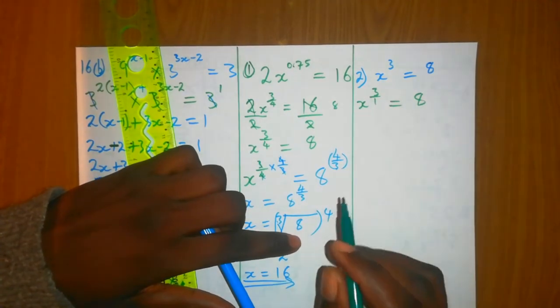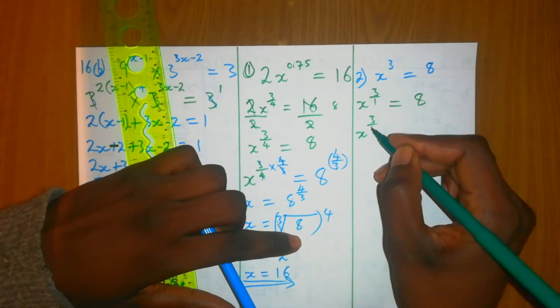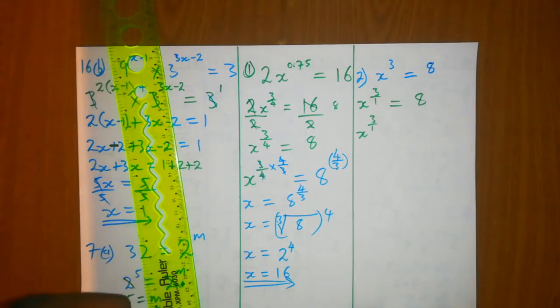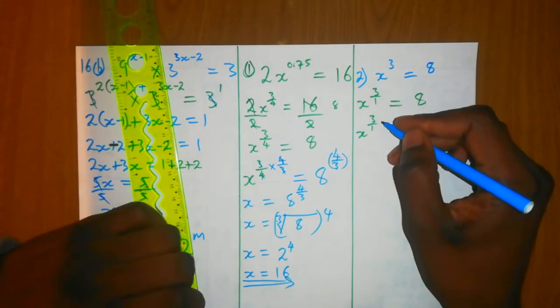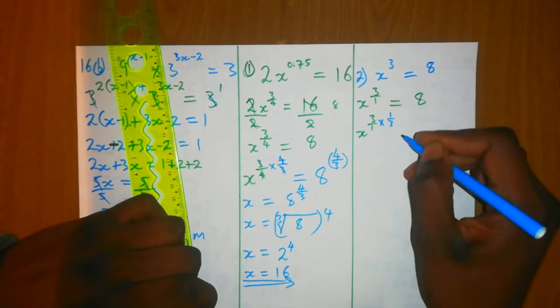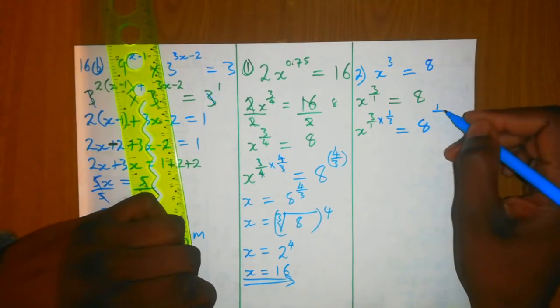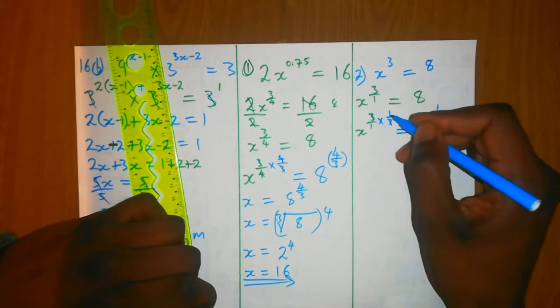Now, if I want to remove that 3/1, I multiply it with an inverted fraction, 1/3. It's equal to 8 to the power of 1/3, so that these cancel out.